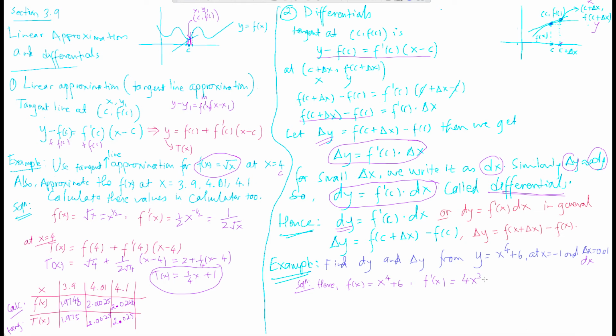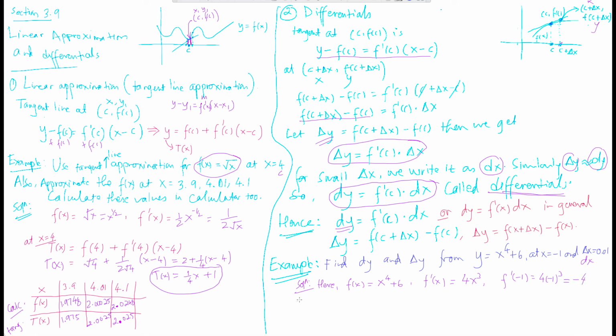4x to the third. So to find dy, you need to find f prime at c, right? So what is f prime at -1 then? F prime of -1 will be basically 4 times (-1) to the cube, right? -1 to the cube. So this will be -4. You understand that?